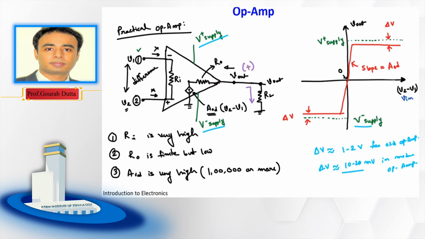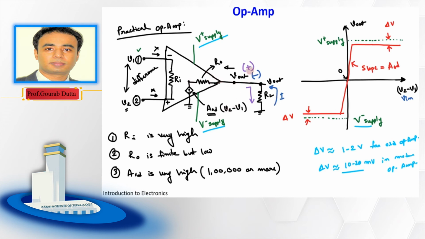Similarly for the other case, suppose you consider this V output now negative, then depending on the value of RL and V out, one current will flow. This is the current that will flow. So in that case, this op amp output will act as a sink, right?